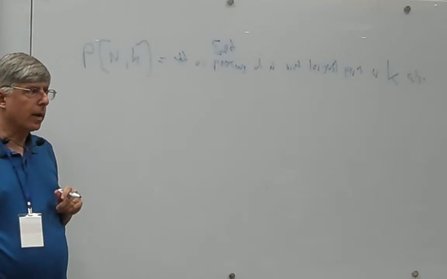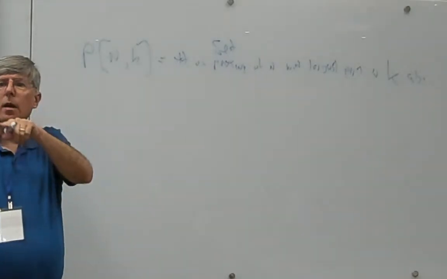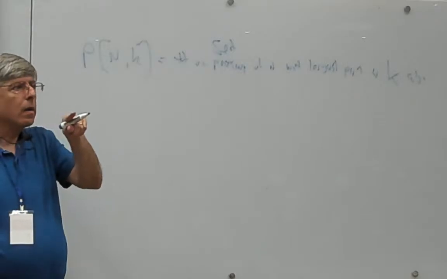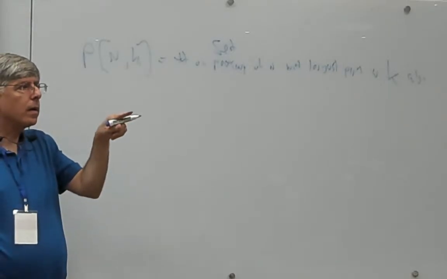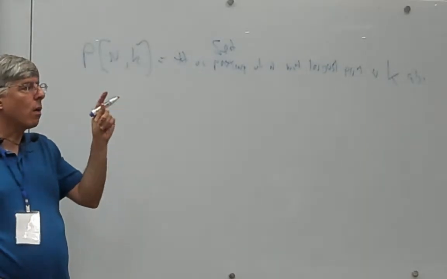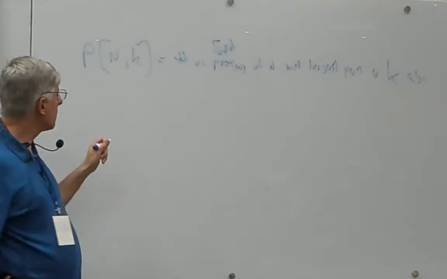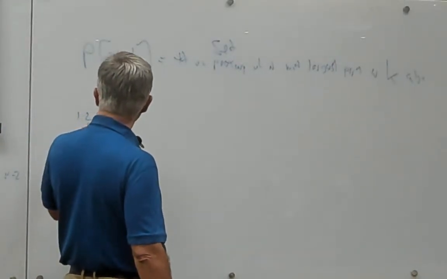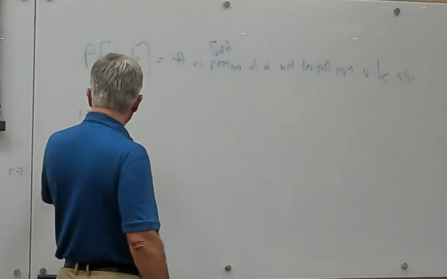Can anybody give me a formula for that? I think people realize what we're counting. I'm giving you the numbers 1 through 4. How many ways can I split this into distinct groupings?